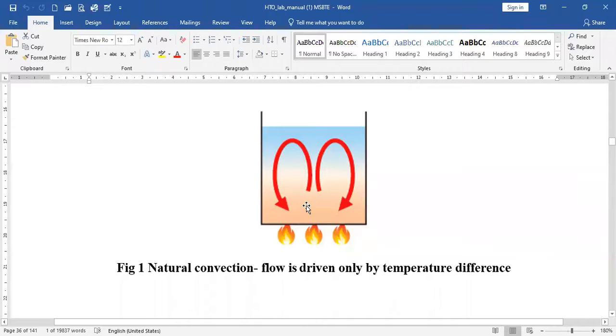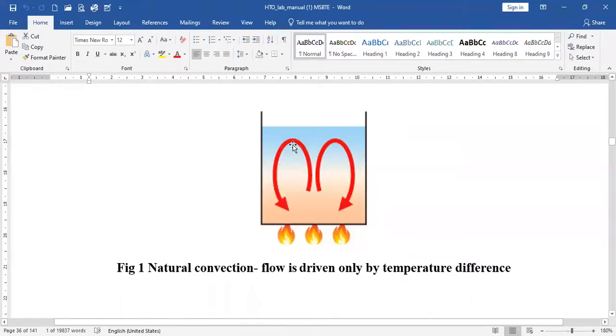So this is a simple picture which shows how natural convection occurs. Normally, if in a beaker or any pot the fluid is present, and you heat the bottom of this flask, then the molecules present at the bottom are heated, and due to the absorption of heat, the density of these molecules becomes lesser as compared to other molecules, and if the density is less, then they go in an upward direction.